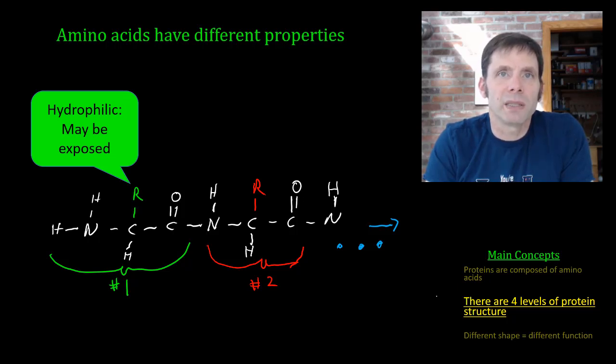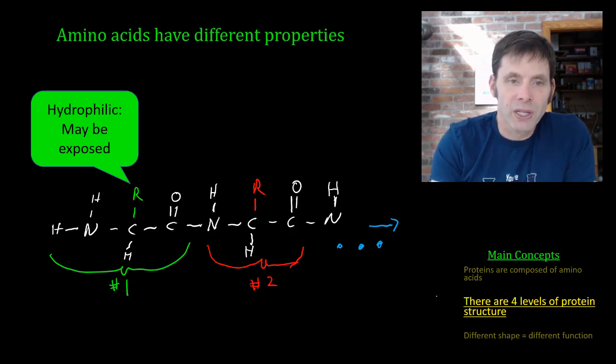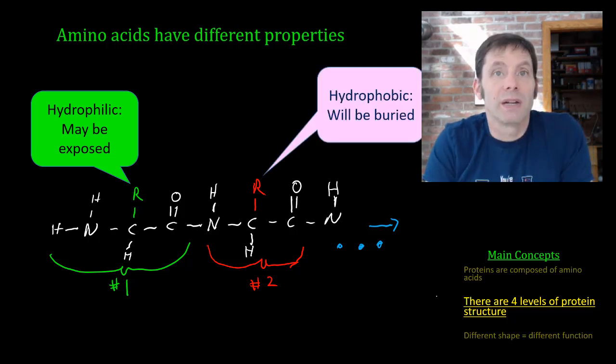It can form hydrogen bonds with the water molecules, or it can be somewhere in the protein where the charged or polar R group can be stabilized by a partial charge or another charge somewhere else. On the other hand, if there's a hydrophobic R group, the hydrophobic side chain is going to need to be buried in another hydrophobic part of the protein.